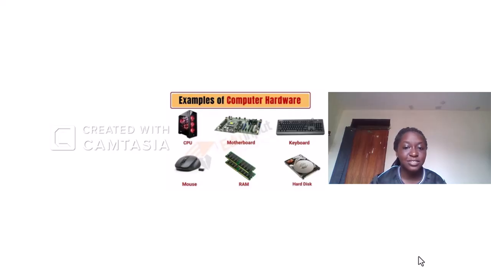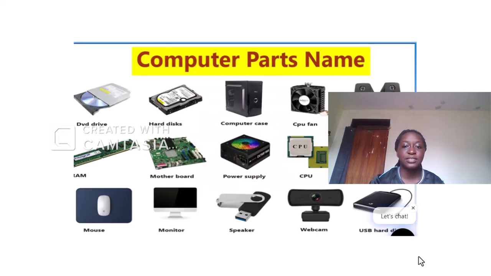The hard disk is also inside, and so is the RAM. I know most of you are familiar with the keyboard and the mouse. We also have the DVD drive, the hard disk, the computer case, the CPU fan, and the others as you can see them.